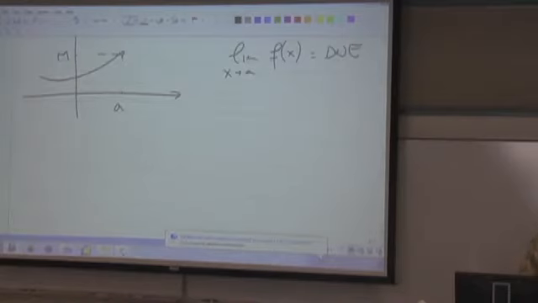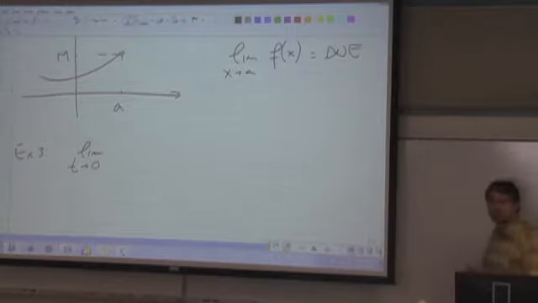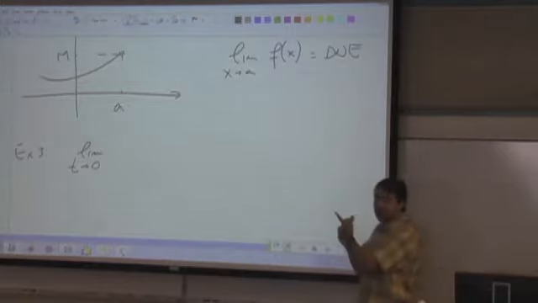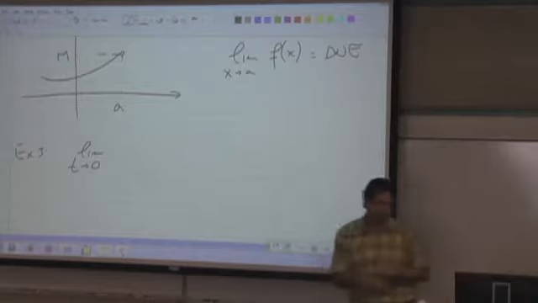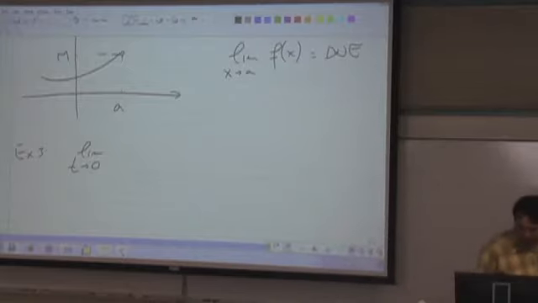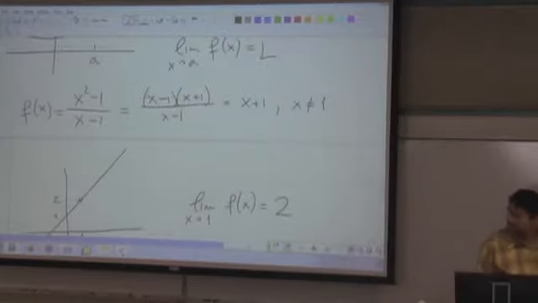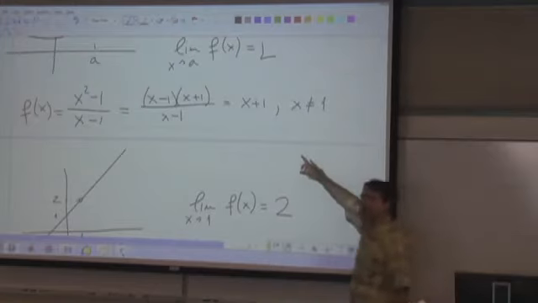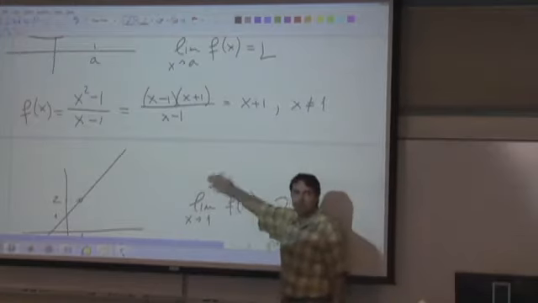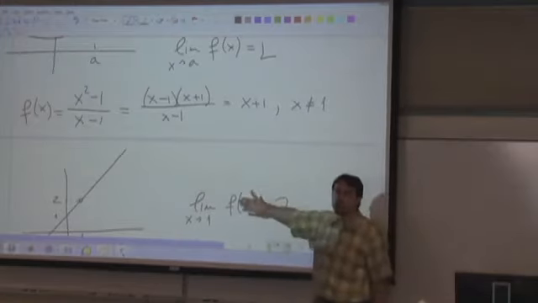So example 3, and the reason why I'm bringing this up is because sometimes we need to find a tool to better figure out if a function has a limit or not. It was all nice for the previous function, the only function that I actually drew here explicitly, x squared minus 1 over x minus 1, and I was able to graph it very easily, right?